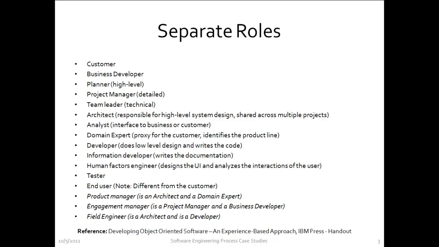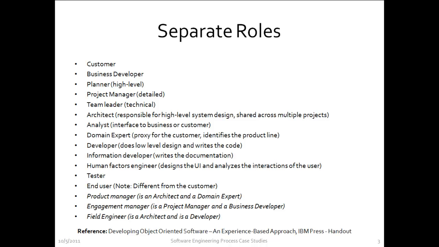There is a planner role, who performs a high level planning role. Sometimes a planner is also known as a program manager. Then there is a project manager who does detailed day-to-day project management.